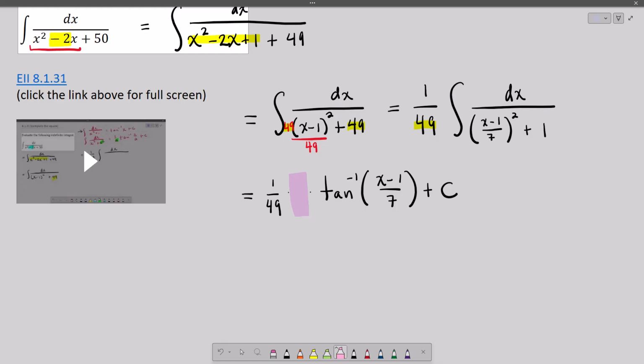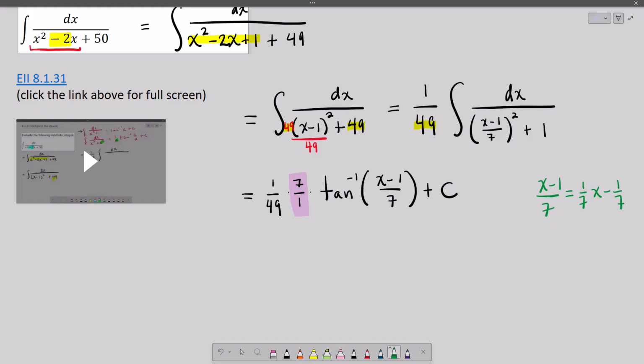1/7. The derivative of that parenthetical quantity is 1/7. We divide by 1/7, which means we'll multiply by 7, so we'll put a 7 over 1 in here. So this is the RCR right there. That's because if we come over here and make a note, x minus 1 divided by 7 is 1/7 x minus 1/7, so if you took its derivative, you would get 1/7.